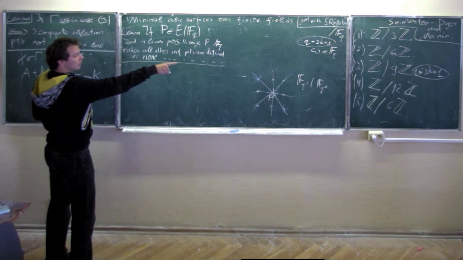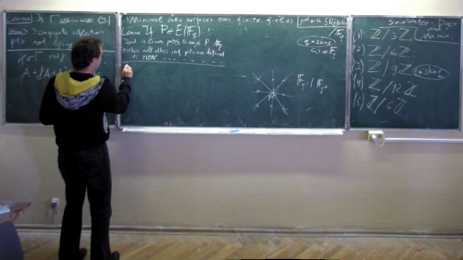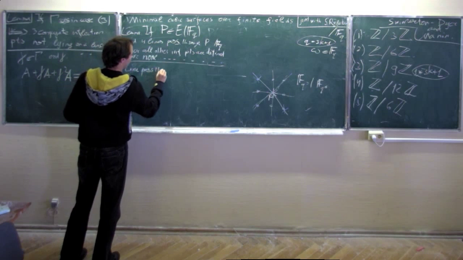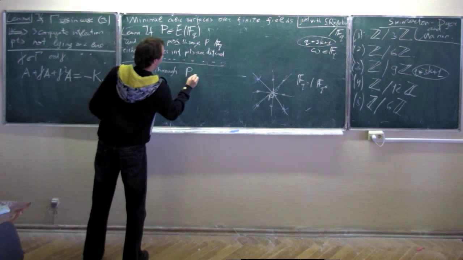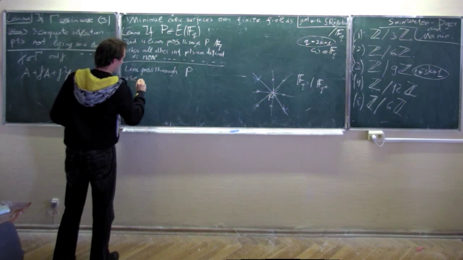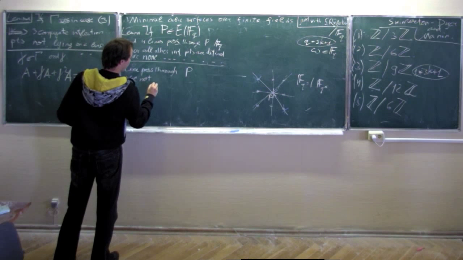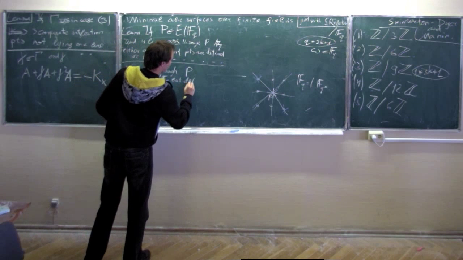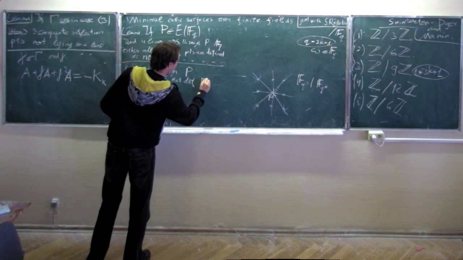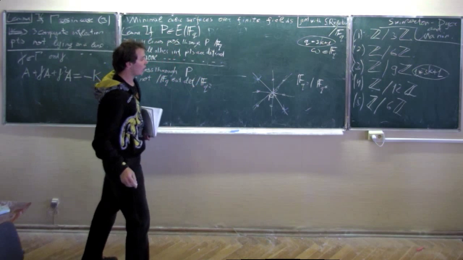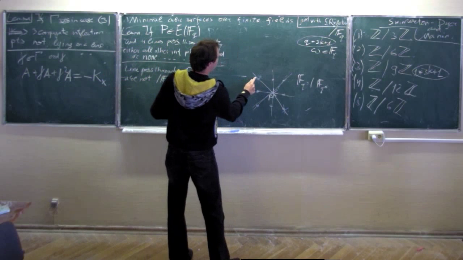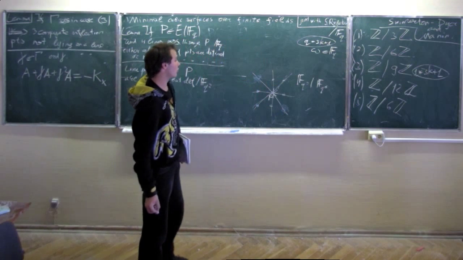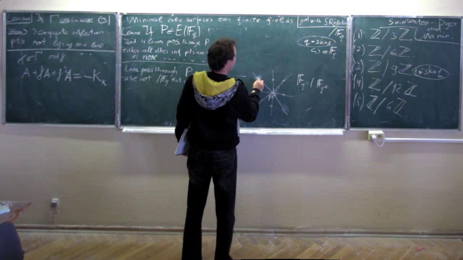So the last condition, for the fourth case: the lines passing through P are not defined over FQ, but are defined over FQ squared. Well, what is this case? In this case, one can check that the order of the element of the action here will be 4. Let's consider an element here.